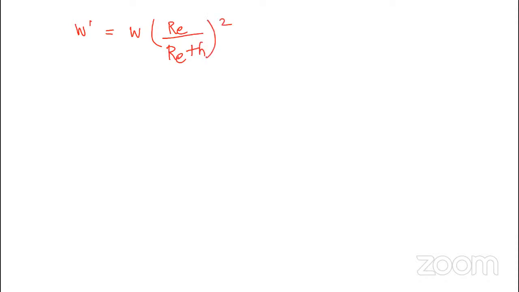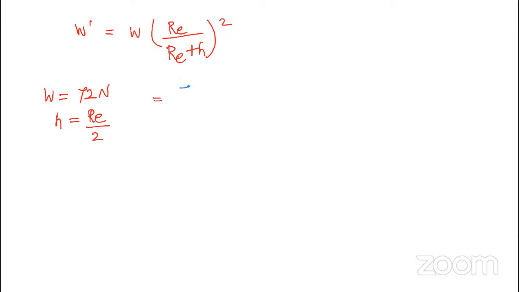So here they are given the value for W, it is 72 Newton, and for the H value it is RE by 2. Okay, so now substitute the values in this equation.